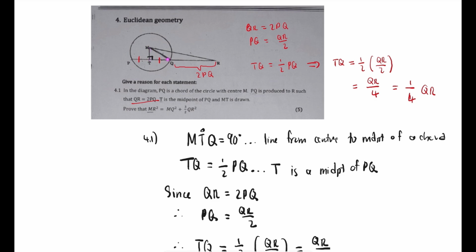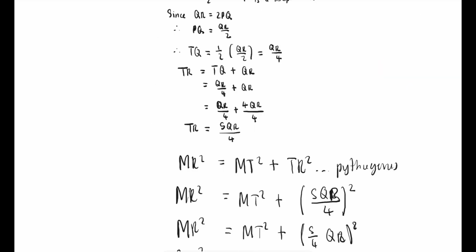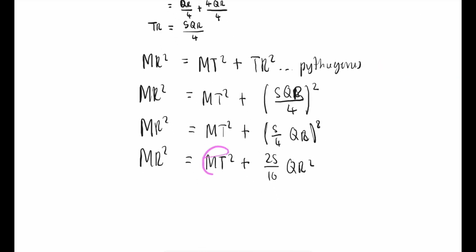And then the MT squared is this MT squared. So meaning that there is some way in which I can remove this MT squared and sum the coefficient of the QR squared such that I will have what I am supposed to prove.